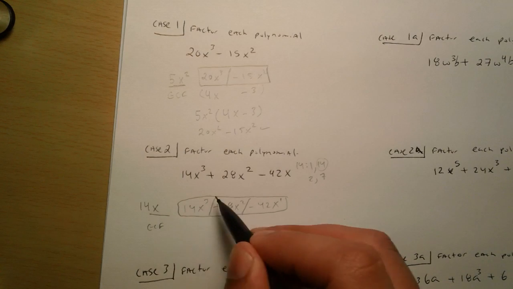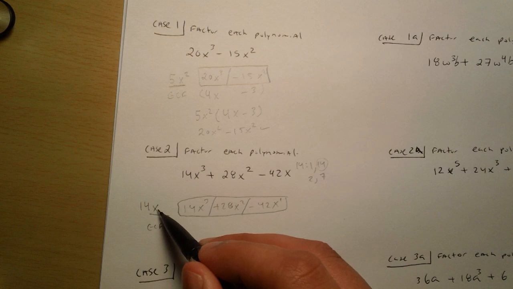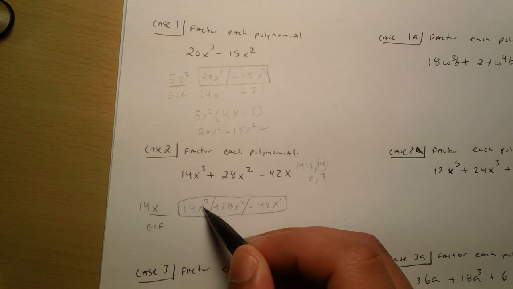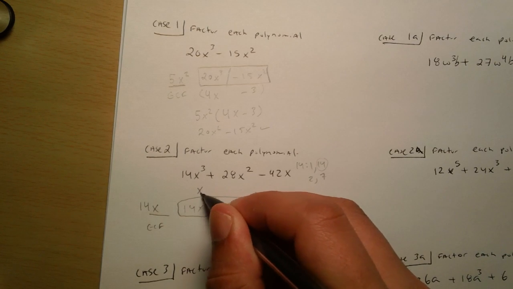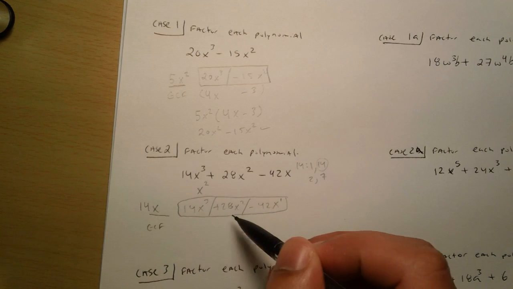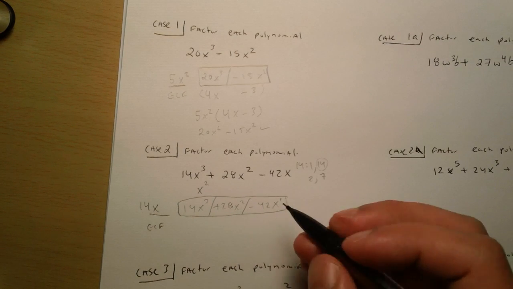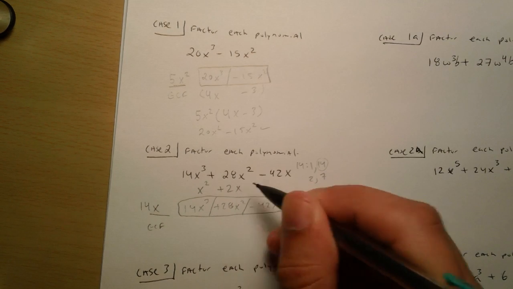Now we're not finished yet, because we're looking for the remaining polynomial. So 14x times what gives you 14x cubed, which should be x squared. 14x times what gives you 28x squared? Should be plus 2x.